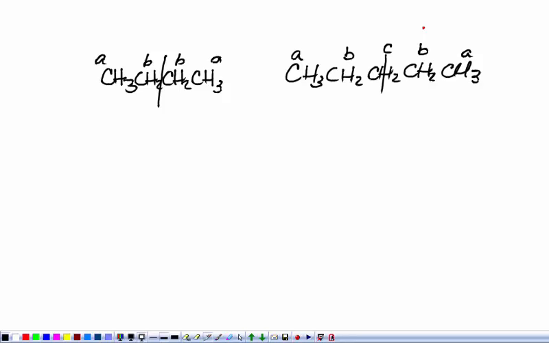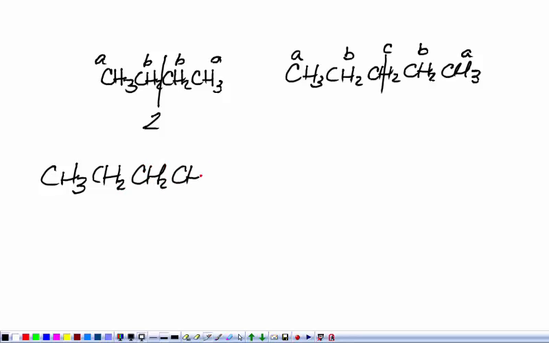Now, these mirror planes are sometimes hard to use. The rotational thing's hard to use. Everything's hard to use. So let's look at this from another standpoint. For this one, the answer was 2.